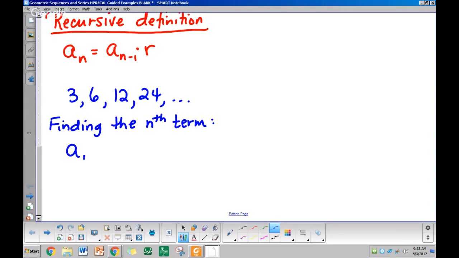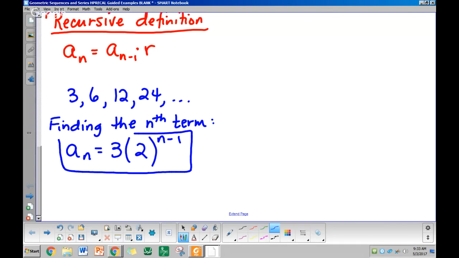Well, it's going to be a sub n equals, what's a sub 1? 3. And we already figured out what r was. 2 to the n minus 1. There's the nth term for our sequence.